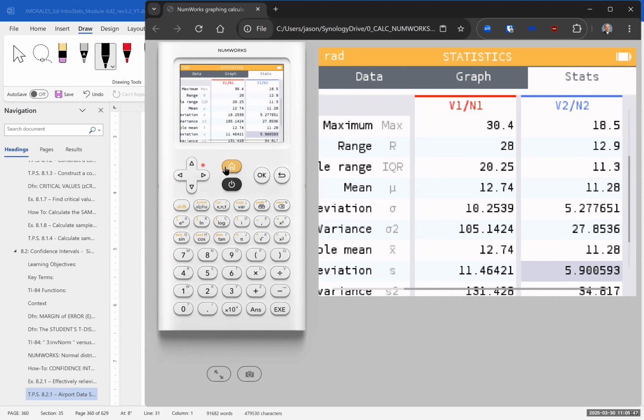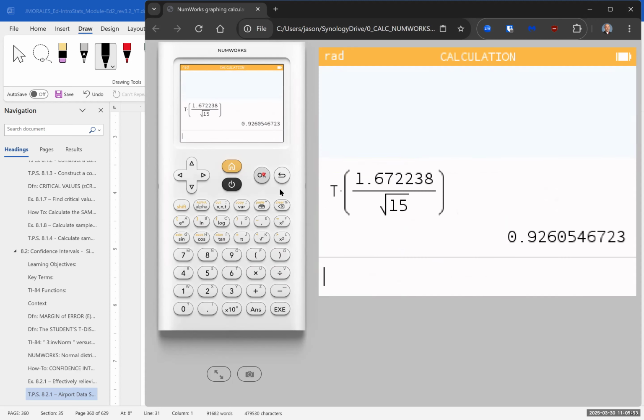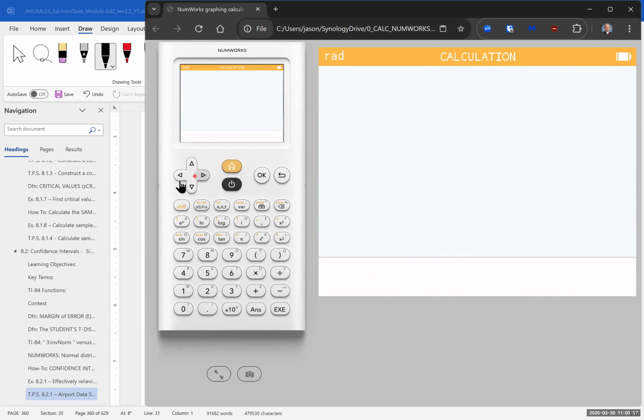So now in order to do my calculation, I want to come out. I want to go to the calculation app. Let me clear this. And let's do the margin of error.